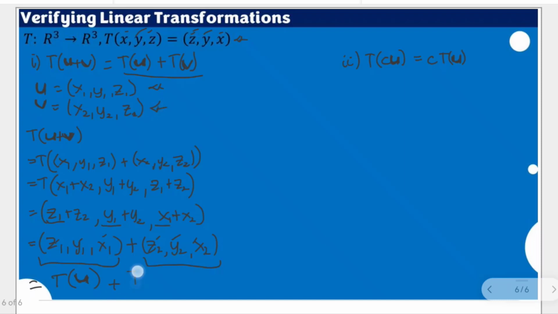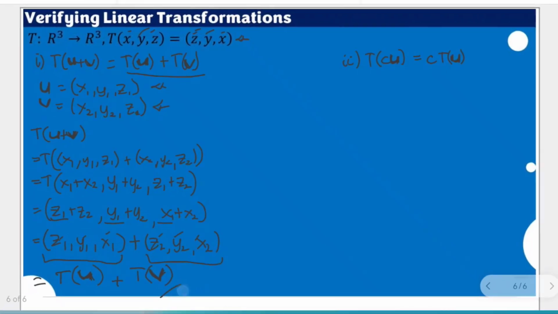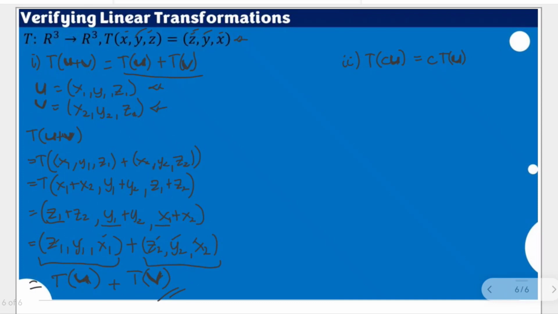This is the transformation of vector v. See that we arrived at this from this form, and this means our first condition has been satisfied: the transformation of the sum is equal to the sum of the transformations.